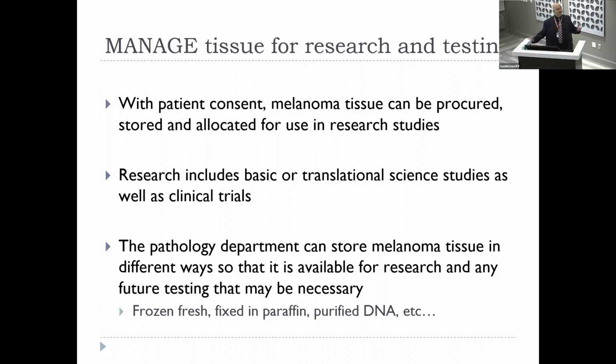What's left can be preserved and used for future studies, future clinical trials. And usually in the pathology department, there is the infrastructure that gives them the ability to store this tissue so that it can be used in the future for various other research and to basically advance the science.